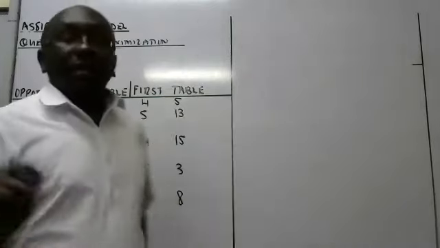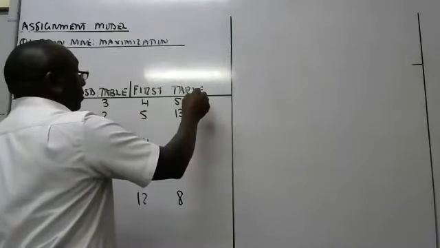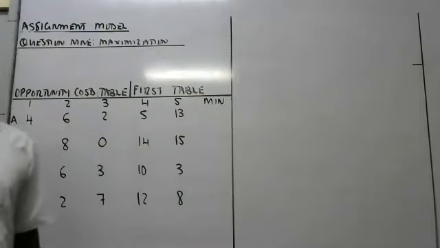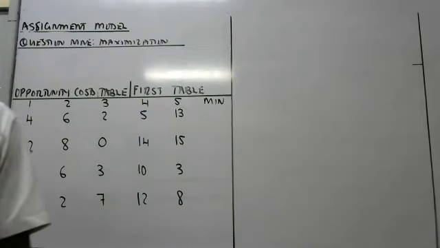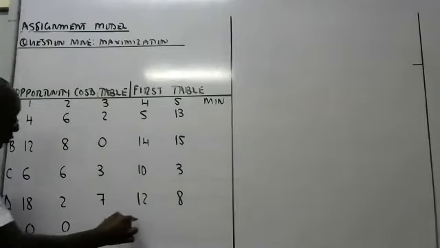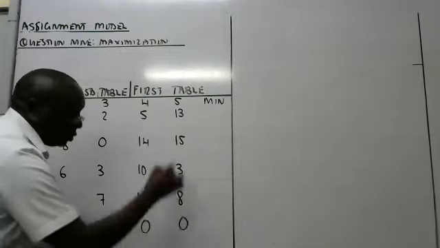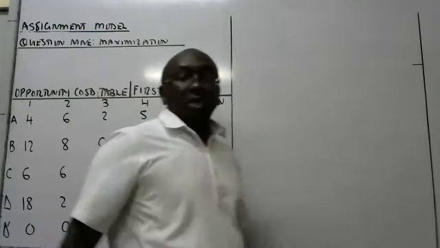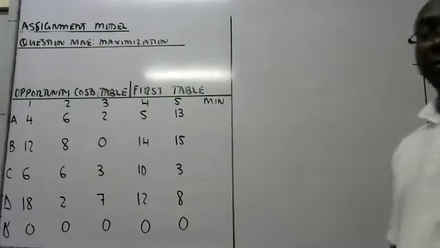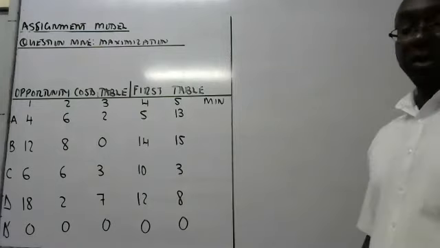So the next thing, tulimesema in the first table, you pick the minimums. You pick the minimums of the rows. Dummy, you put zeros.